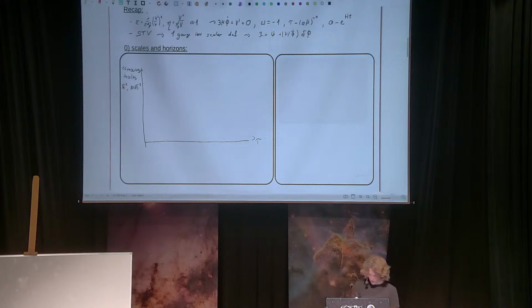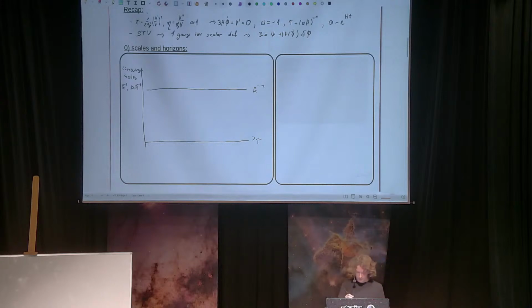Okay, so the co-moving k mode, by definition, so the co-moving length of any perturbation, since it's co-moving, it's just going to be a constant. So this is k to the -1. The interesting thing is, what does the Hubble horizon do?